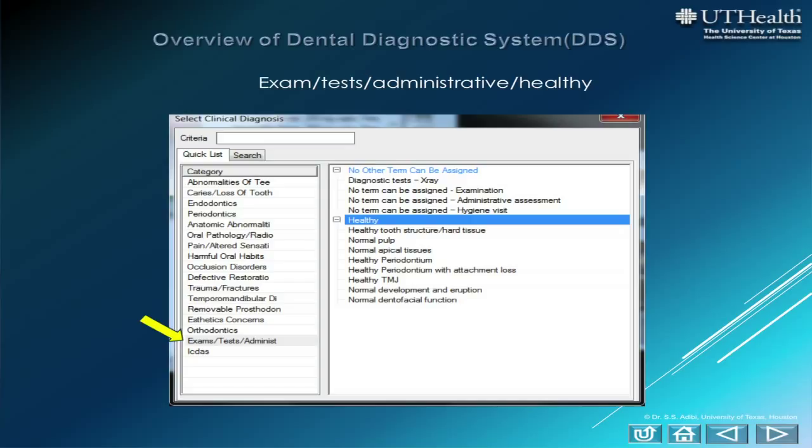This category is exam, test, administrative, health category, which is divided into two subcategories: no term can be assigned, and healthy.